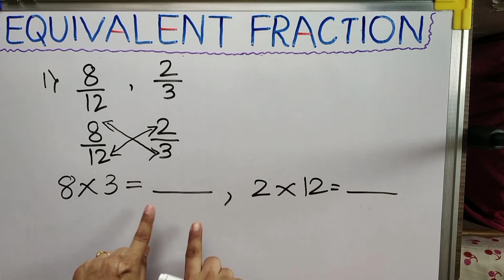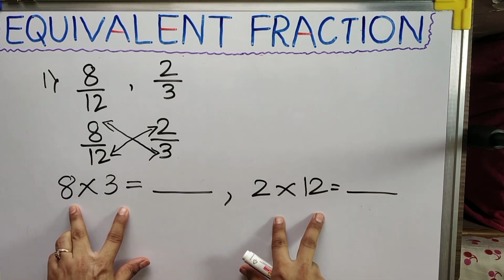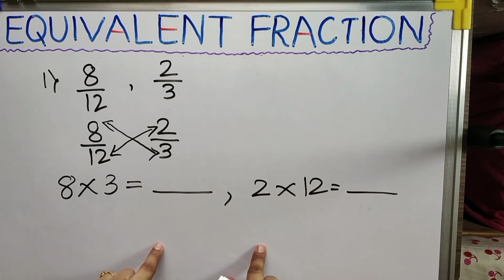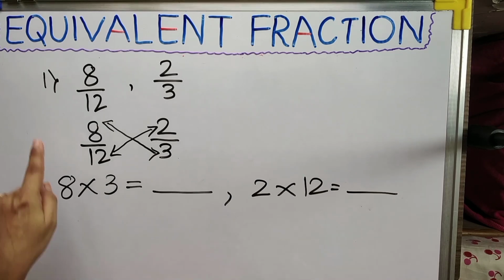Now when we get the products of both these terms, if the products are equal, then the given fractions would be equivalent. But if the products are not equal, then the given fractions are not equivalent.